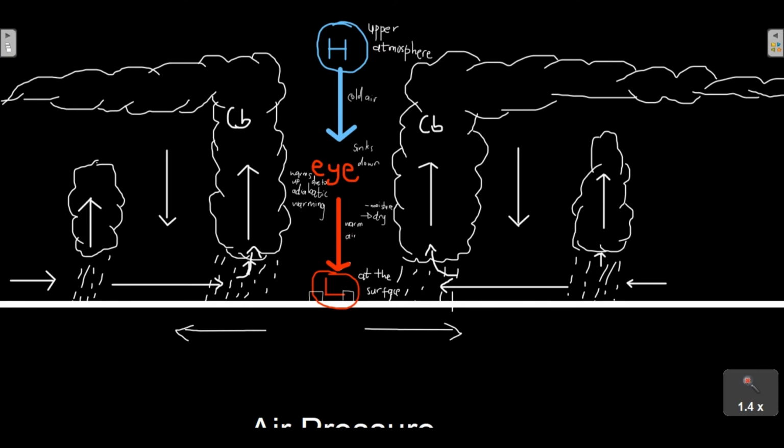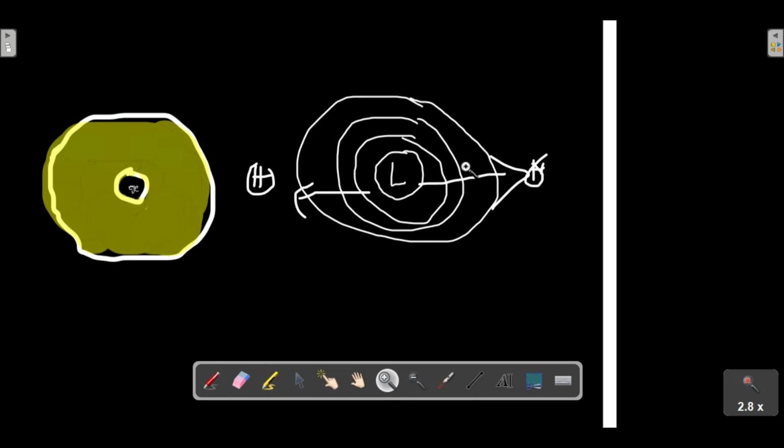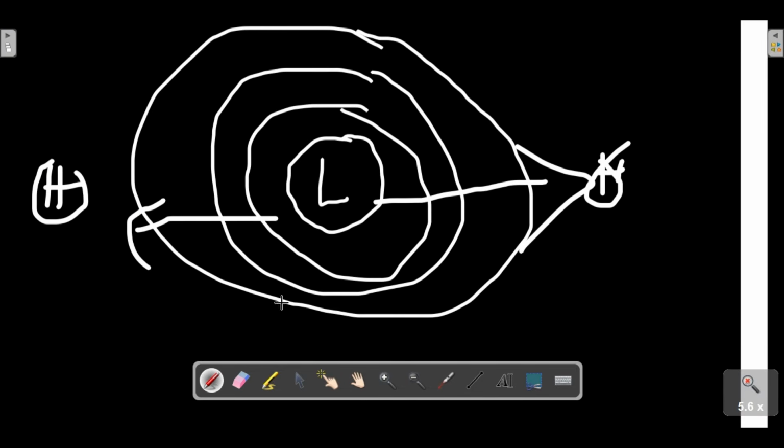Now if we draw the isobars, we find that right next to the eye you have isobars that are close to each other. So what does this mean? Remember, isobars that are close to each other, I think we discussed that, illustrate a steep pressure gradient.